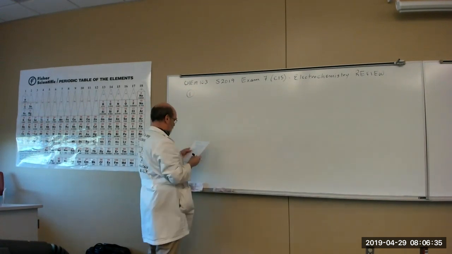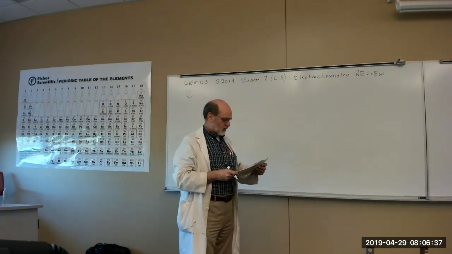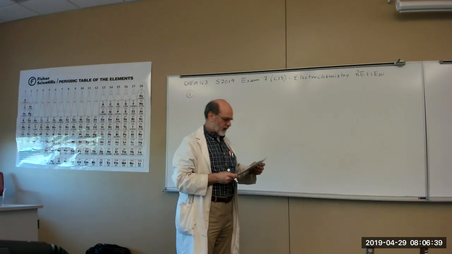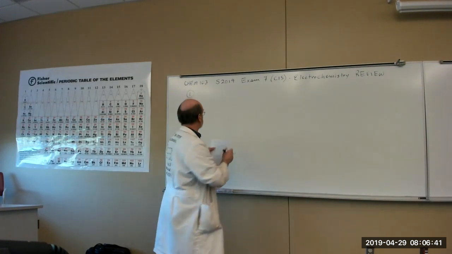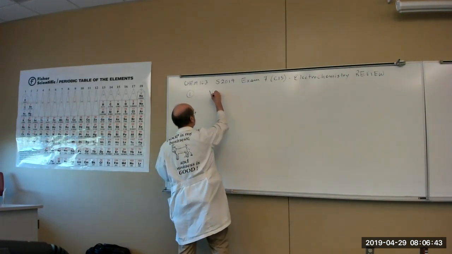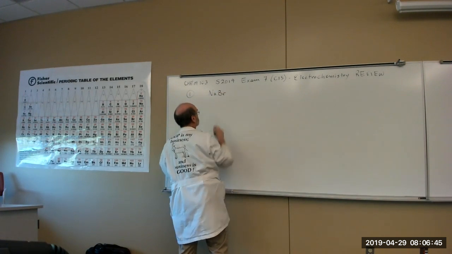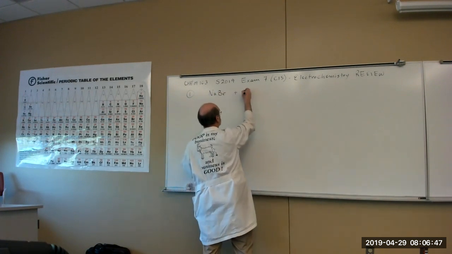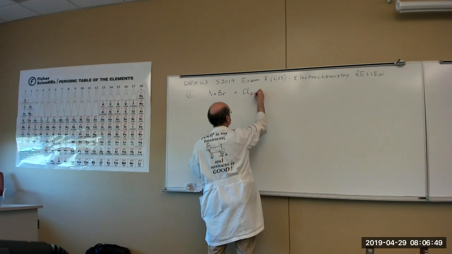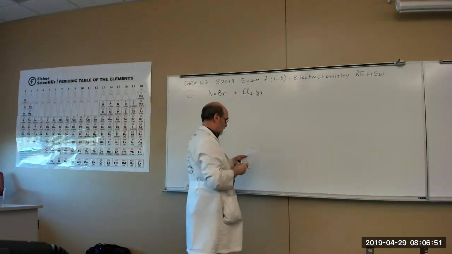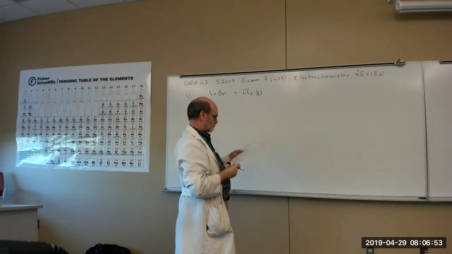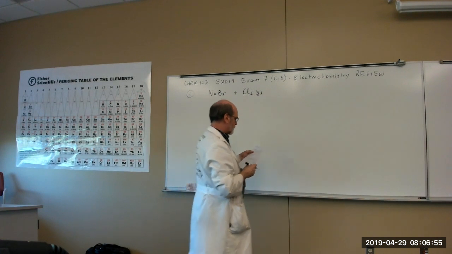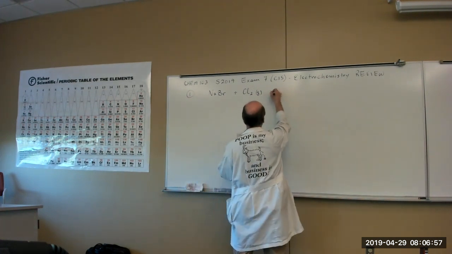So for this first one, we want the reaction of sodium bromide with chlorine gas. Sodium bromide with chlorine gas, which means chlorine's diatomic, and produces sodium chloride.